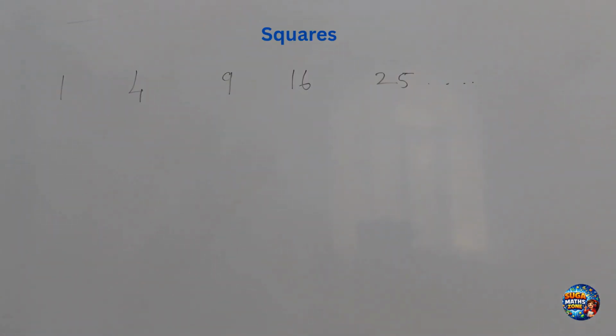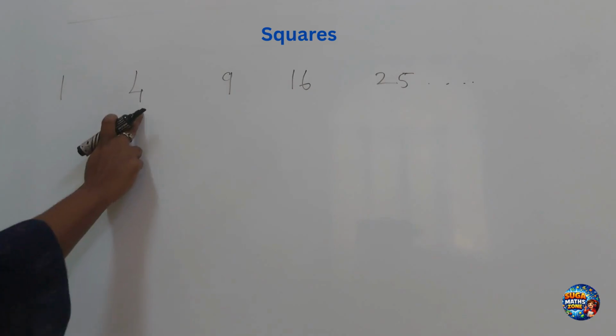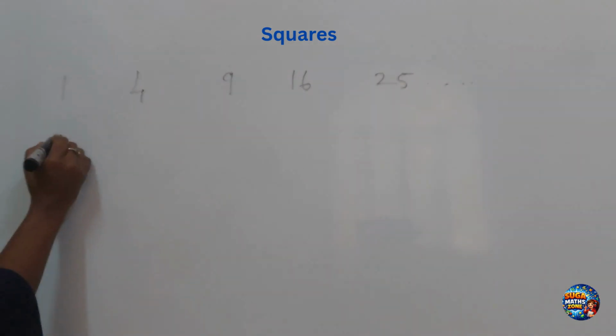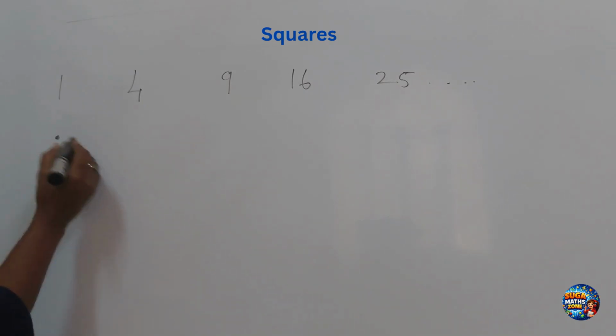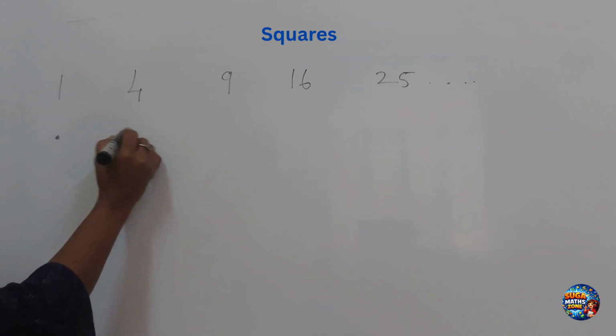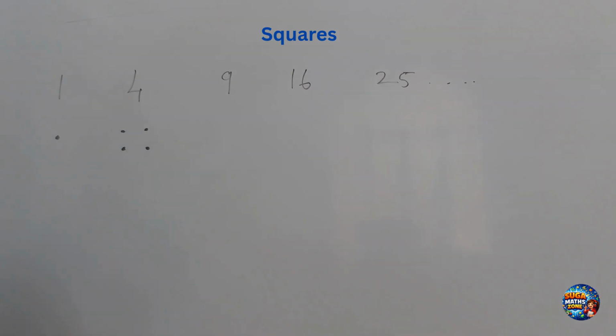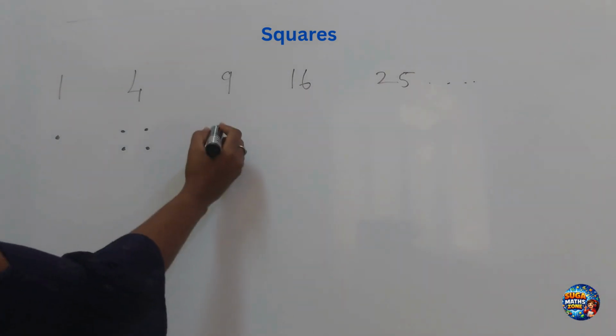Next one is squares. Square numbers are 1, 4, 9, 16, 25 and so on. So 1 means 1 dot, 4 means 4 dots. This is the square, so the dots are formed in square formations.